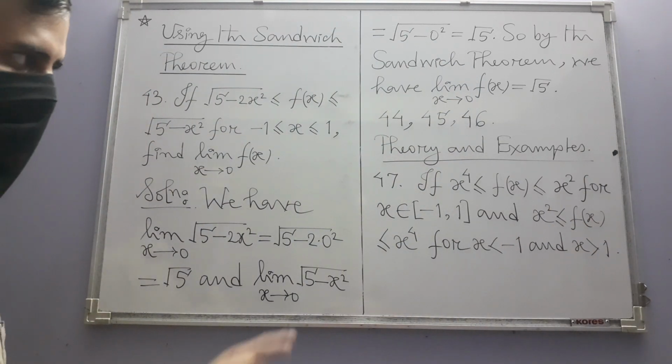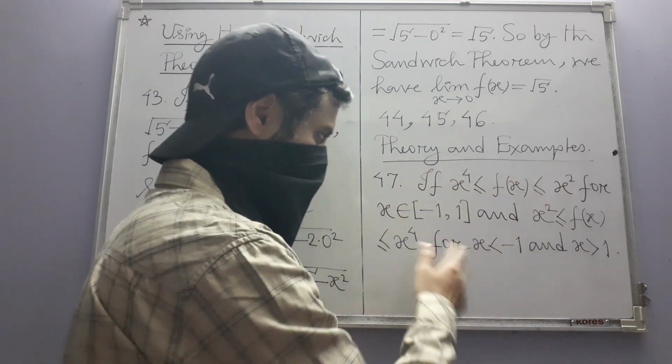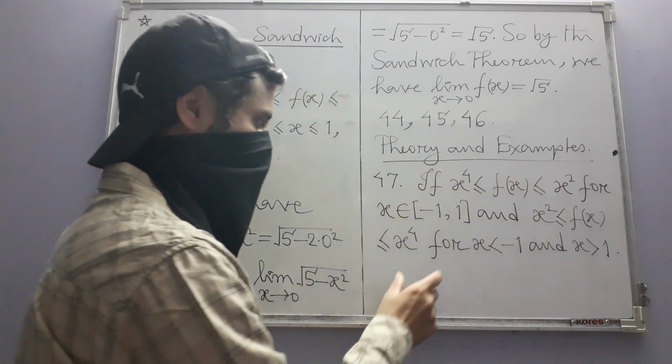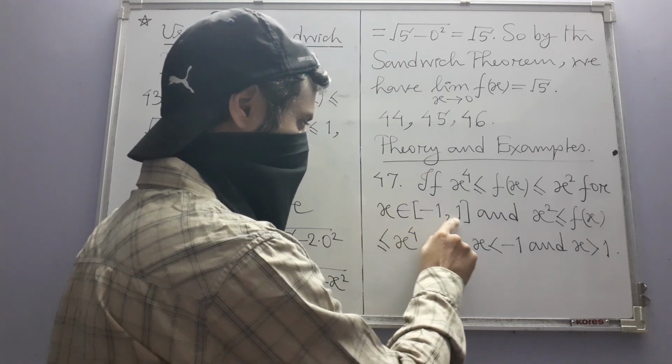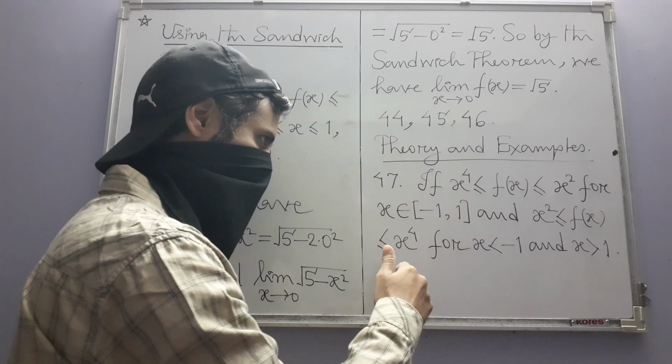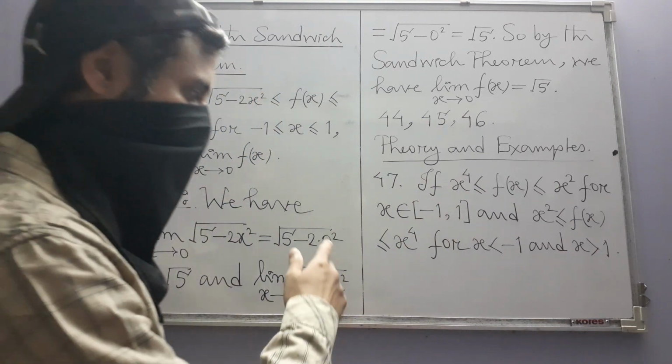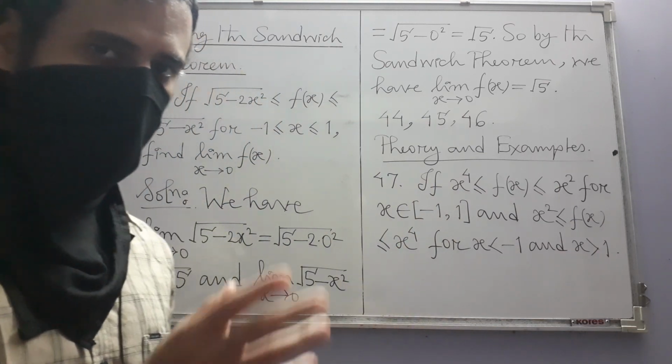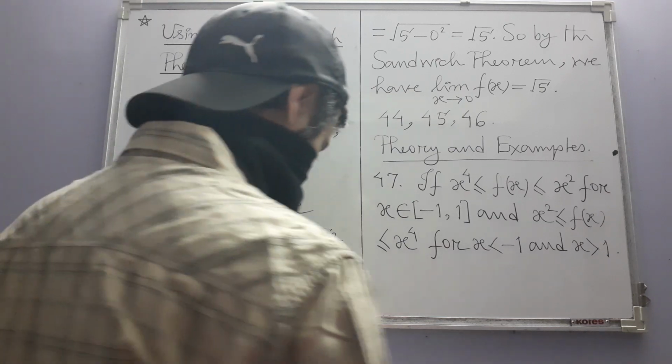The reason for having two separate sets of inequalities is because depending on where x is lying, either x to the power 4 is less than or equal to x squared or greater than x squared. Okay, so that's why we have two things.